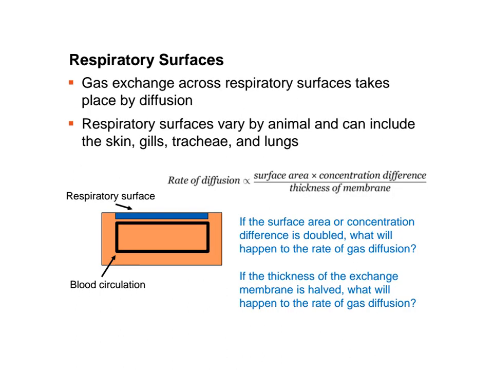Okay, whether you're breathing air or water, the exchange of gas occurs across what's called a respiratory surface. And the exchange occurs solely by diffusion. Respiratory surfaces vary by animal and can include skin, gills, trachea in insects, and lungs. So here's a very simplified diagram of a respiratory surface.